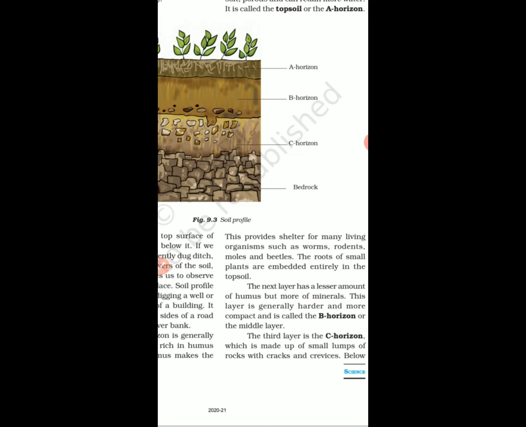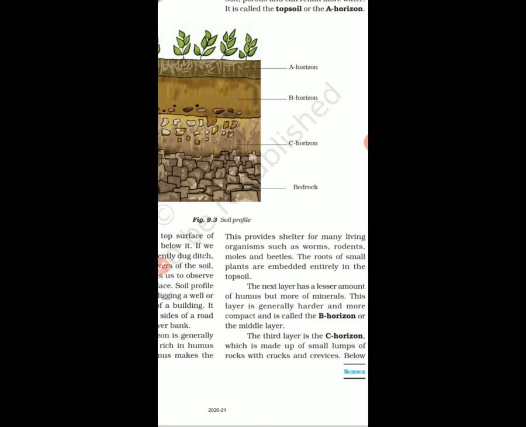It is a little harder than the upper layer. Humus it is less but it is more rich in minerals. Then the third layer, it is the C horizon which is made up of small lumps of rocks with cracks.